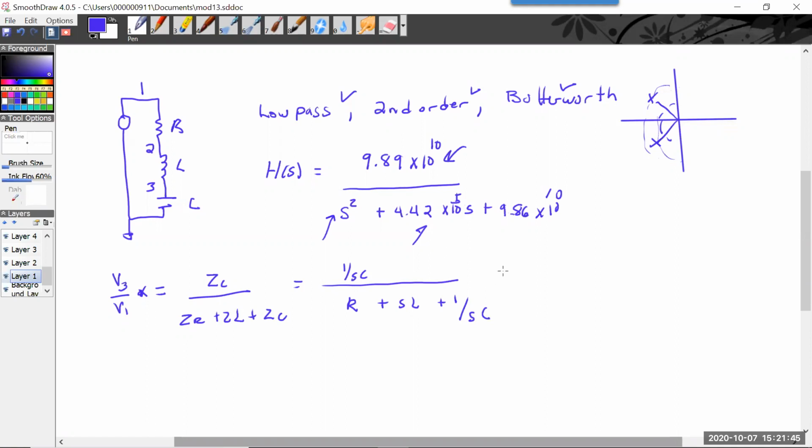We are running a little bit behind, so I'm not going to go through all the algebra, but once you get it into the proper format, okay, all right, this is the proper format.